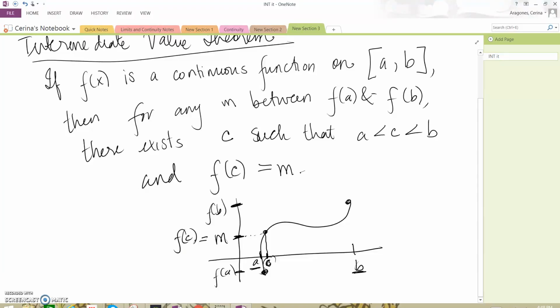Okay? So this theorem is very useful, and it's often used to prove that functions exist, to prove that functions have roots on a particular interval.